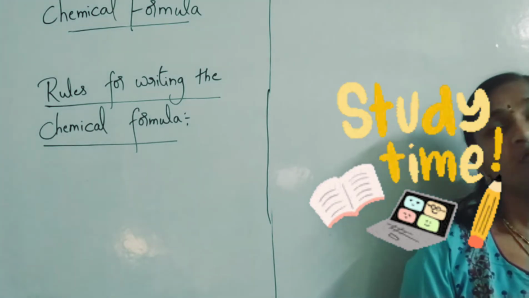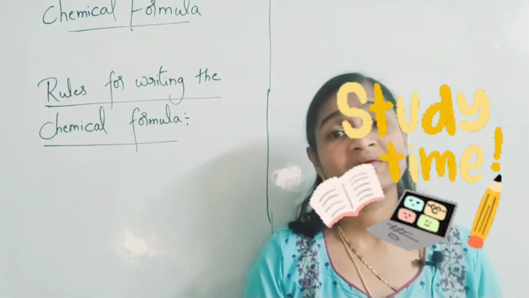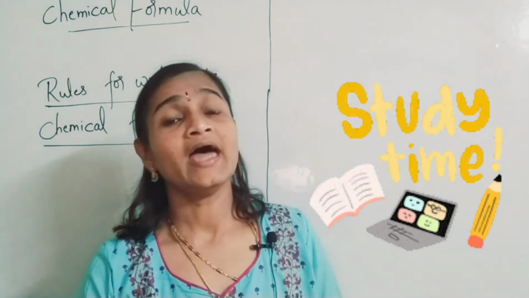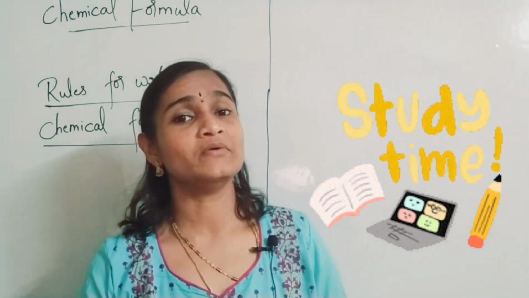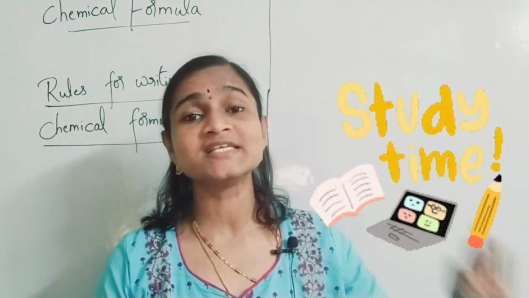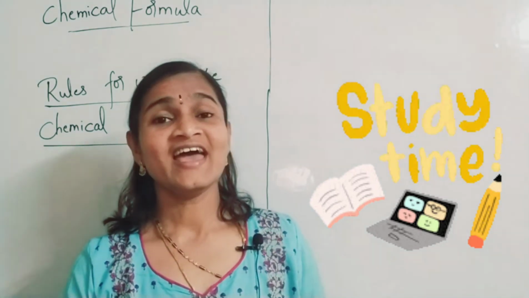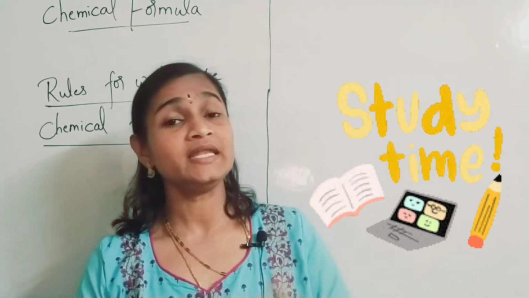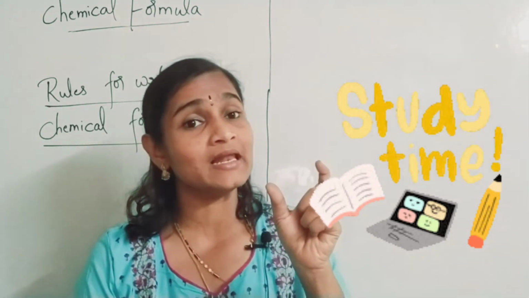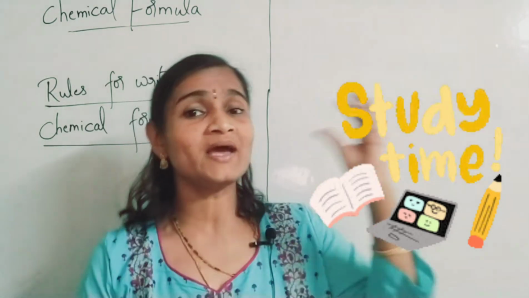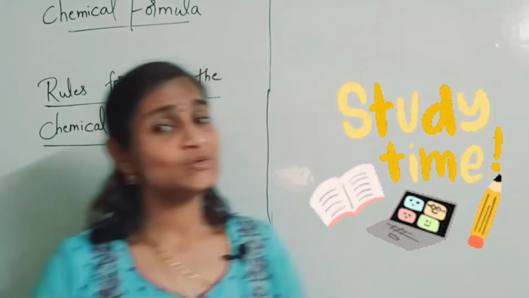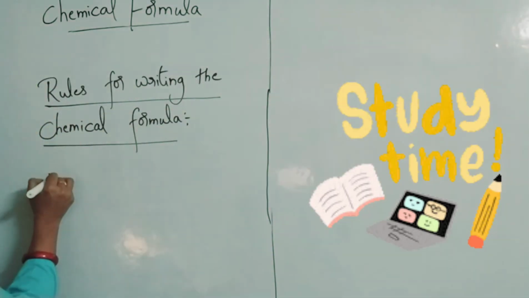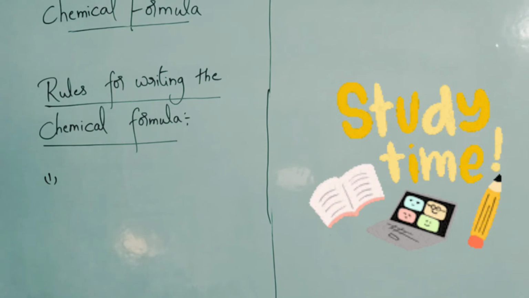Then you have to be very careful with the charges, and at the same time the valencies of the compounds. The valencies of the compounds have to be balanced. And then you have to write the metal first. In any compound, metal has to be written first, followed by the non-metal. Let us write the rules in order, then you will understand them.